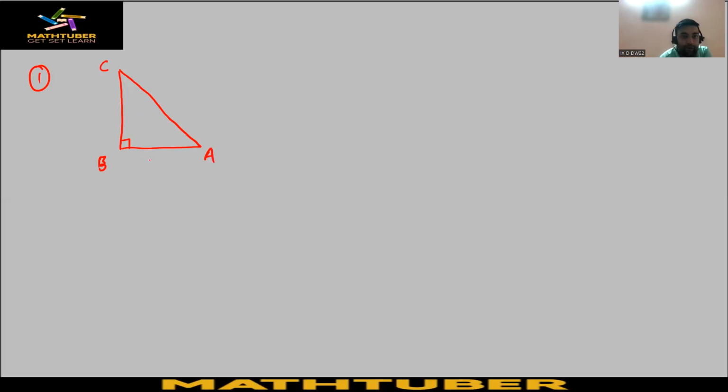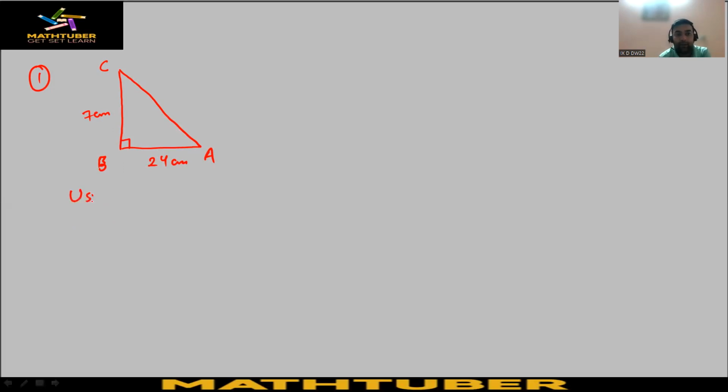So you are given AB is equal to 24 centimeter, BC is equal to 7 centimeter. And we have to determine the values of sine A, cos A and sine C, cos C in the two parts. So if you are given the complete length of the sides, then you don't have to take K, right?